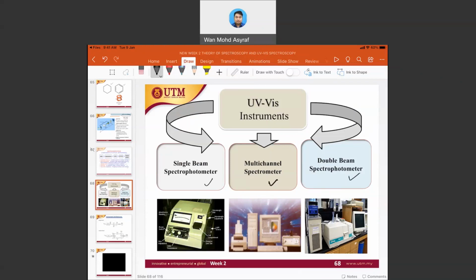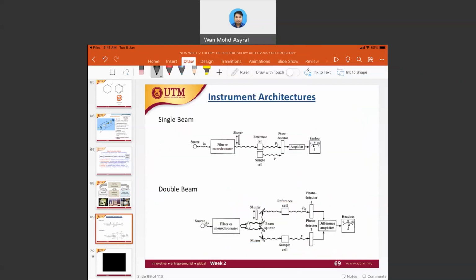The first thing that you're going to look at is the instrument architecture of a single beam versus double beam. This is a single beam UV-Vis spectrometry, sorry, and the second one is the double beam spectrometry. So what is the difference?